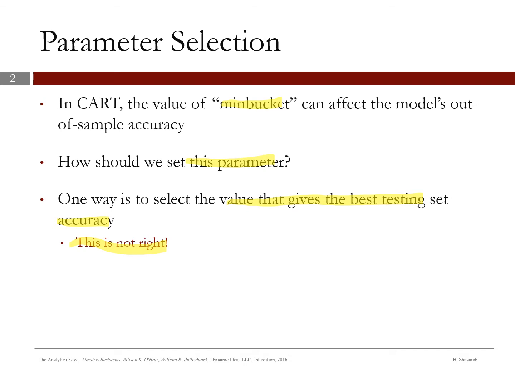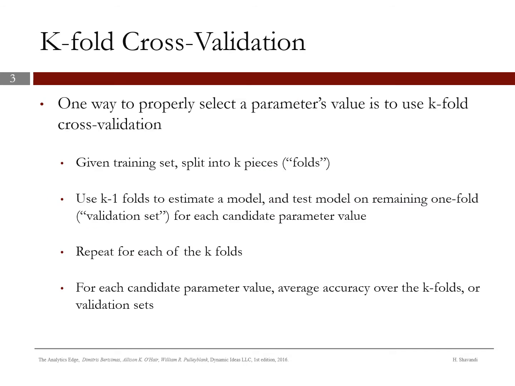So one way to properly select a parameter's value is to use k-fold cross-validation. What's k-fold cross-validation? Here we consider our training data set and split it into k pieces. This is why we call it k folds.